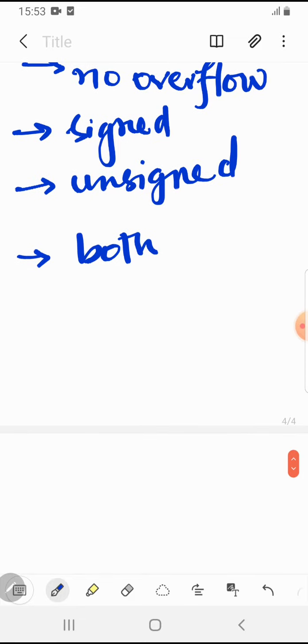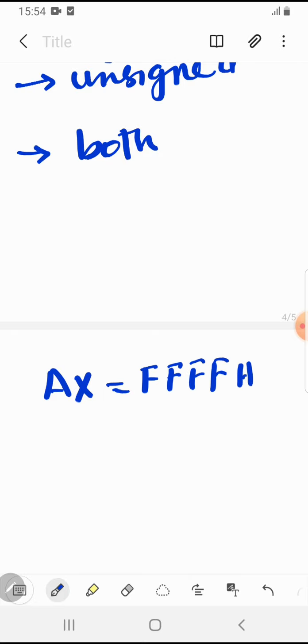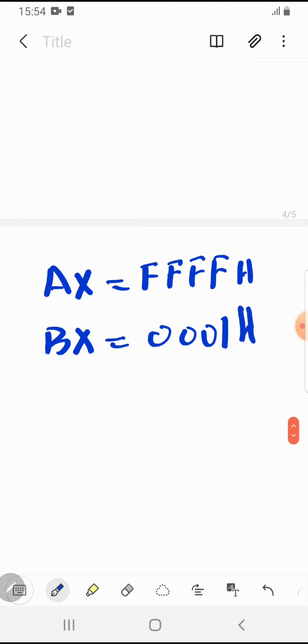Alright. As an example of unsigned overflow but not signed overflow, suppose that one of the registers of a computer system, which is AX, contains the value FFFF hex, and the second register, BX, contains 0001 hex. Fine. And you are performing the addition of these two numbers.